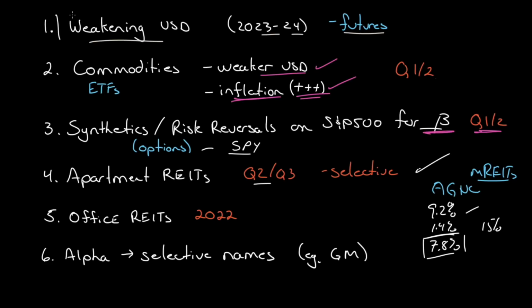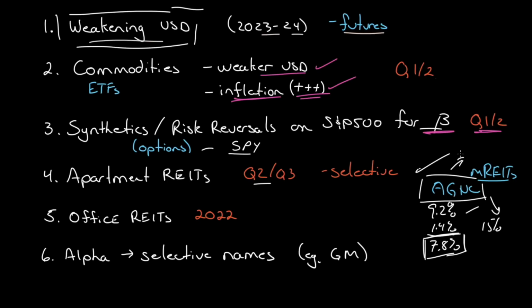However, look at this. I expect a weakening US dollar, and this is a US dollar denominated stock, so unless I hedge, I'm going to suffer some downside on the US dollar value of the stock, which could wipe out the dividend yield altogether, and all I'm left with is any capital appreciation, which might be 10%. It's simply not enough.